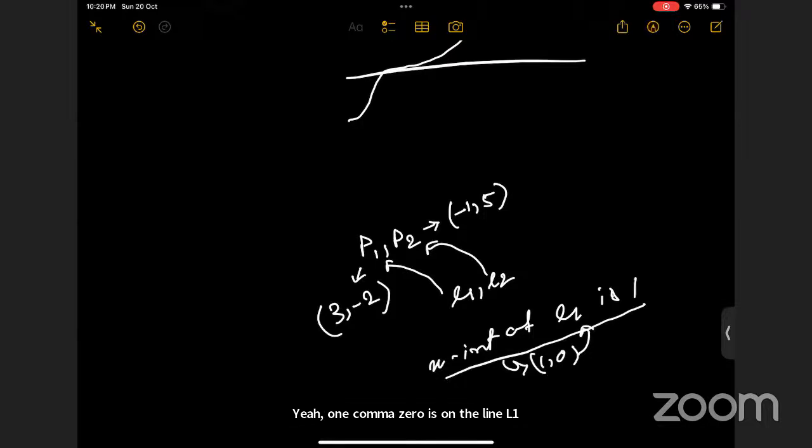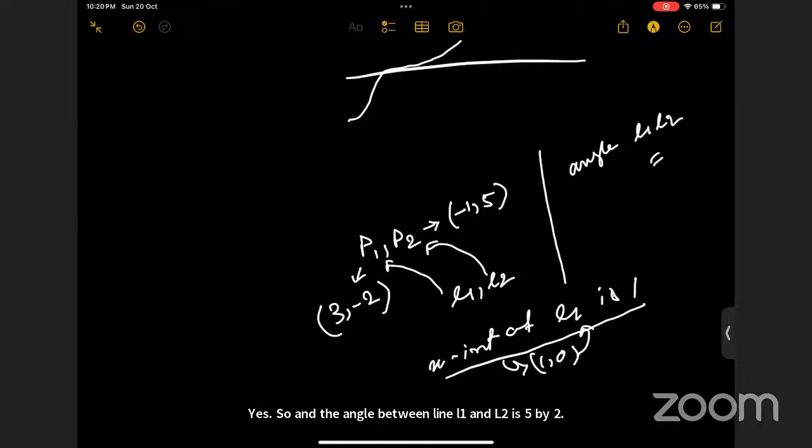And the angle between line L1 and L2 is pi by 2, that is 180 degrees by 2. So we need to calculate where L1 and L2 will intersect each other.